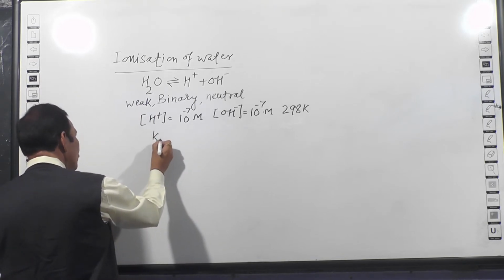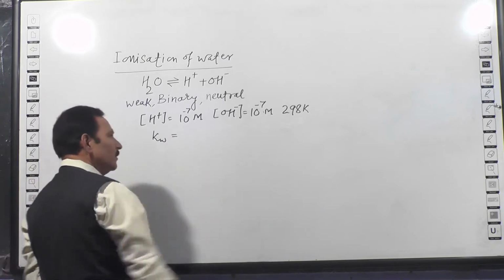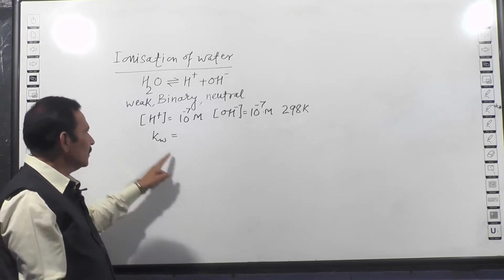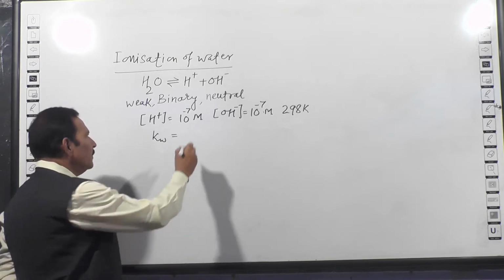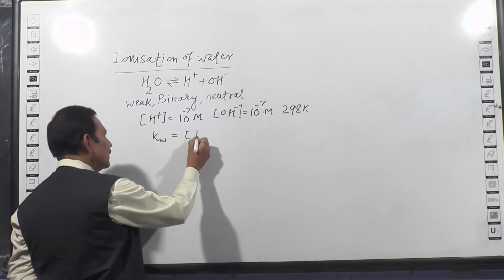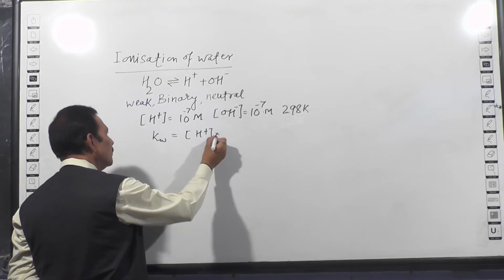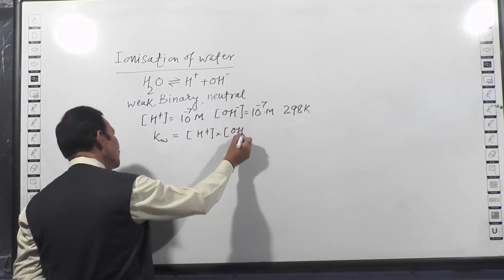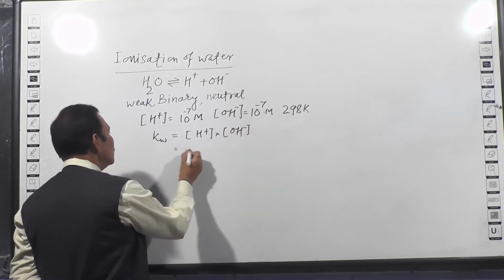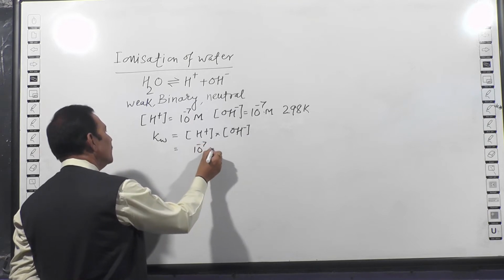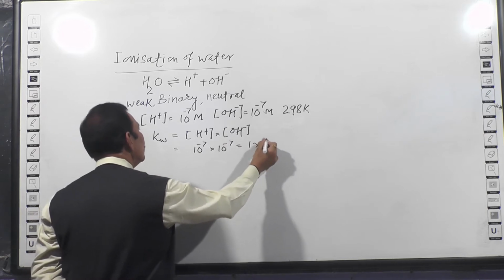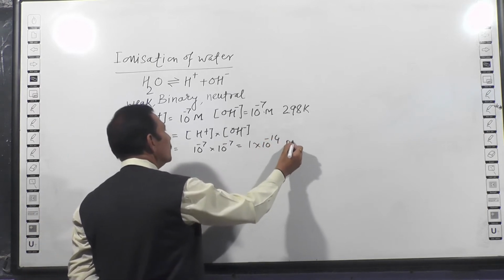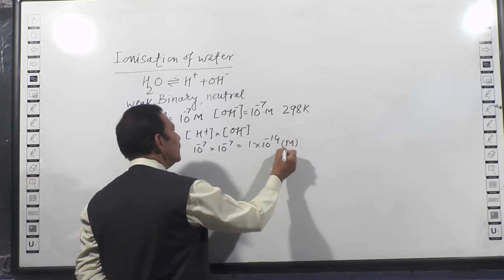Therefore, we introduce one more property of water, that is called the ionic product of water, indicated by the symbol Kw. So this Kw will be equal to the product of concentration of H+ ions in pure water and concentration of OH- in pure water, that is 10 to the power minus 7 into 10 to the power minus 7, 1 into 10 to the power minus 14 mole square.